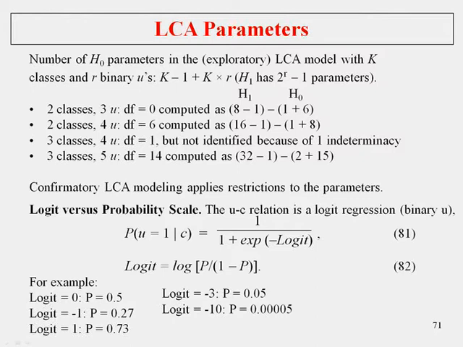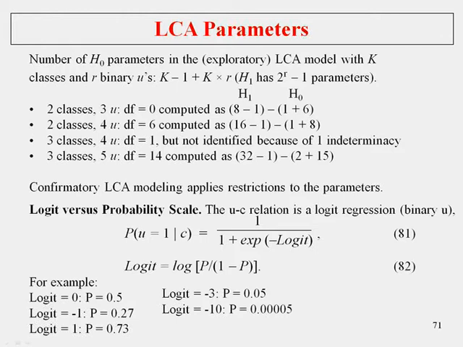Now, H1, on the other hand, in line with structural equation modeling, is the unrestricted model, not the LCA model. The unrestricted counterpart here for categorical outcomes is the so-called multinomial distribution. So, for instance, if you have two binary variables, you have a 2x2 table, so it has 4 cells.